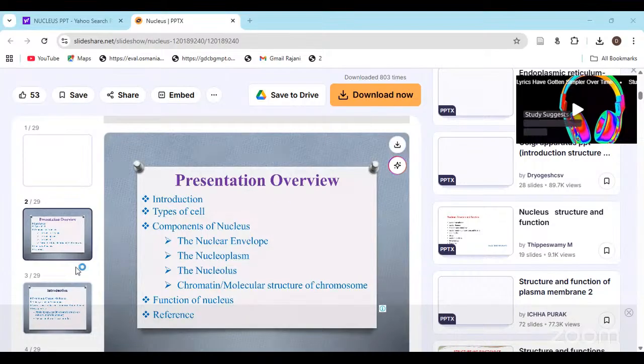Coming to the structure. The average diameter of the nucleus is 6 micrometers, which occupies around 10% of the total cell volume.